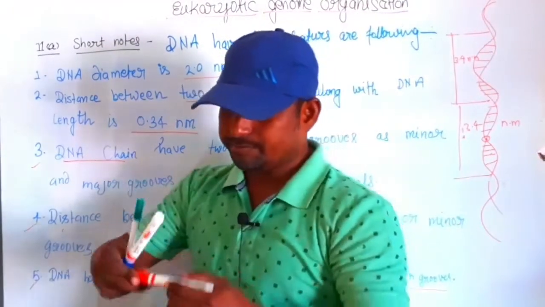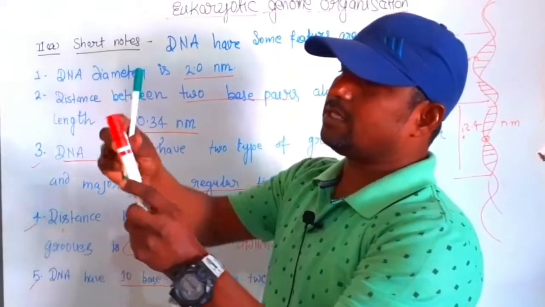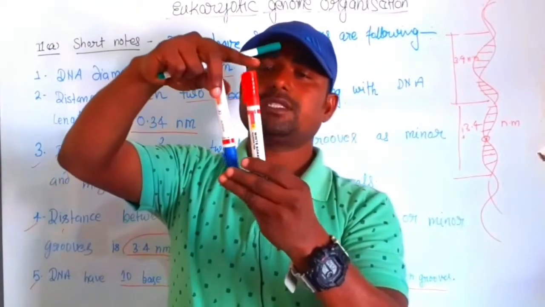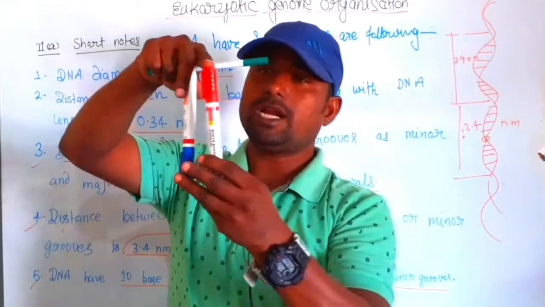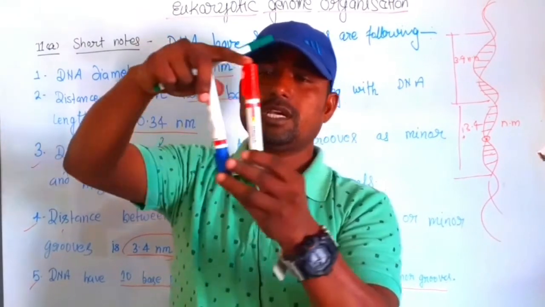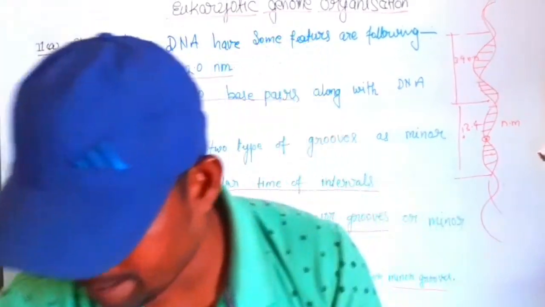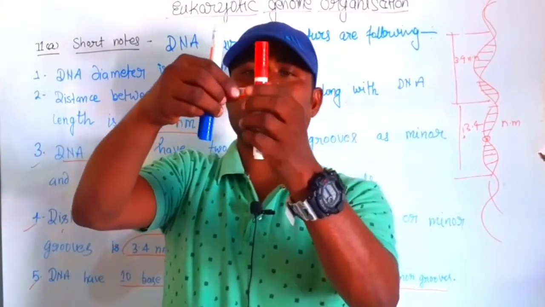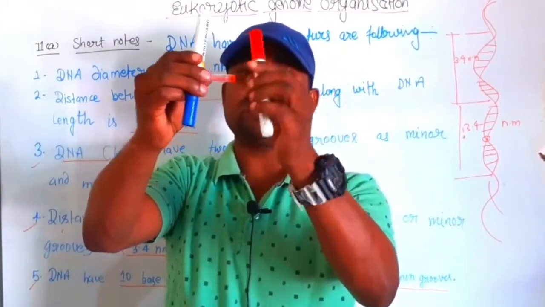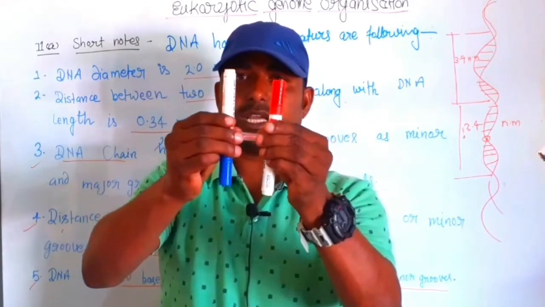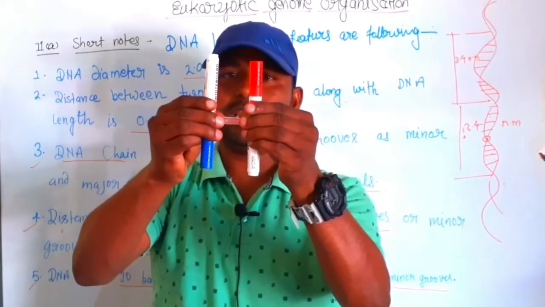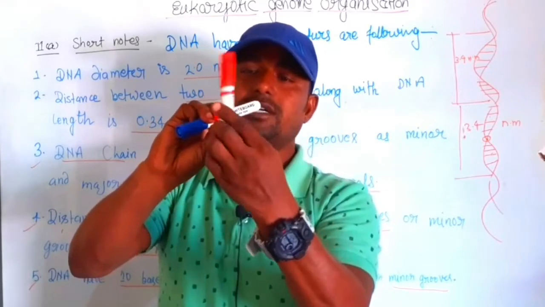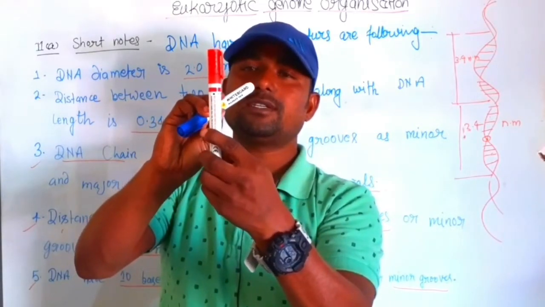Suppose this is the ladder, and if it is twisted, this is the ladder stair. Suppose that in front of you, you can see easily, but if this is twisted, you can't see.